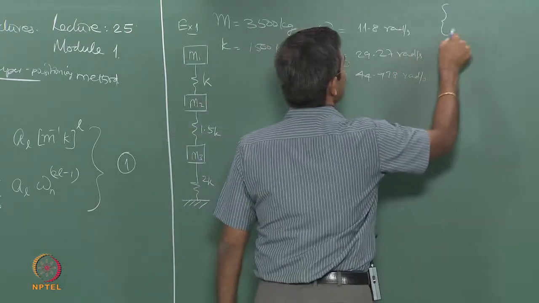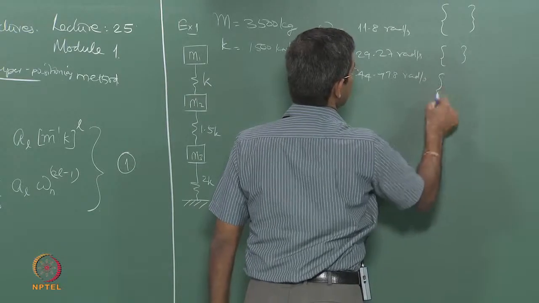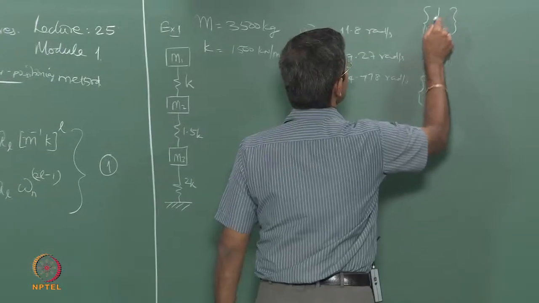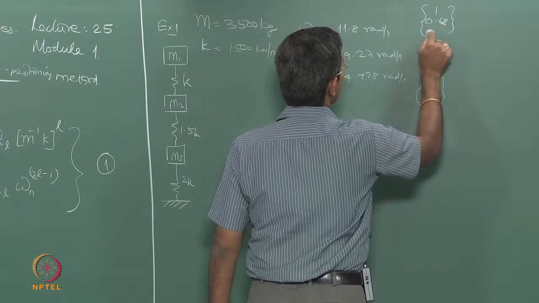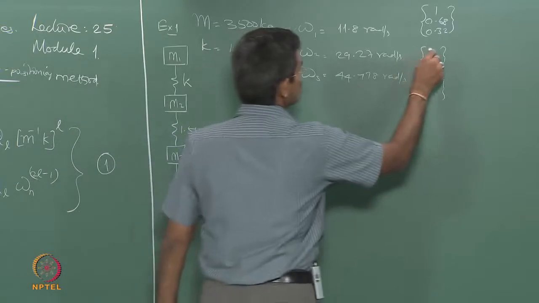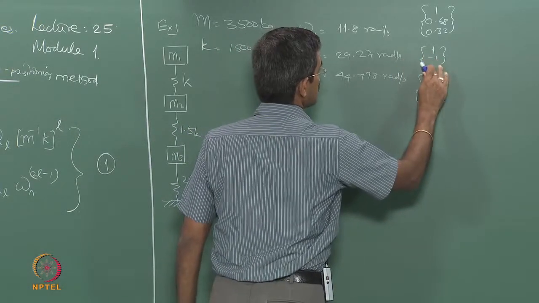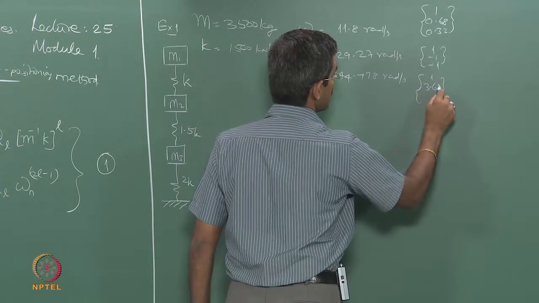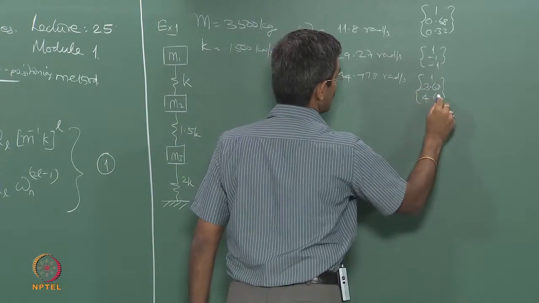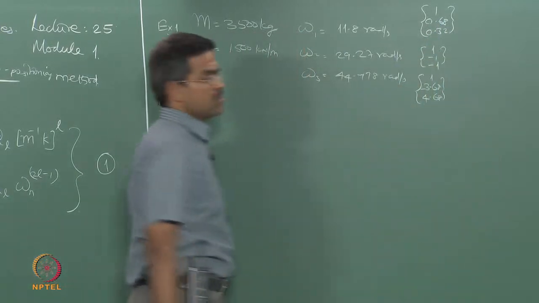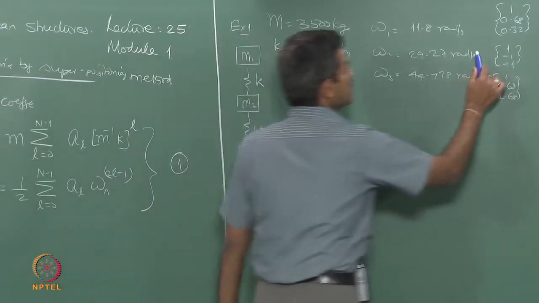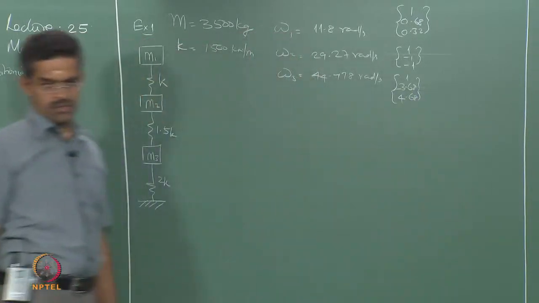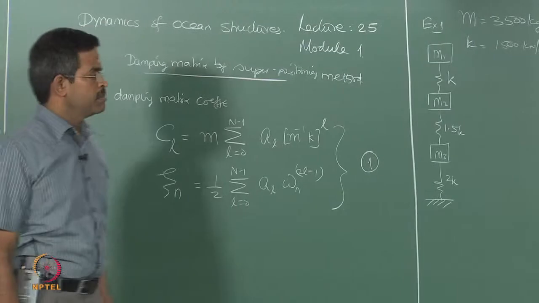And the corresponding mode shapes also we have. So, all positive, no zero crossing; here 1 zero crossing; and here 1 here and 1 here back again. So, first mode, second mode and third mode.